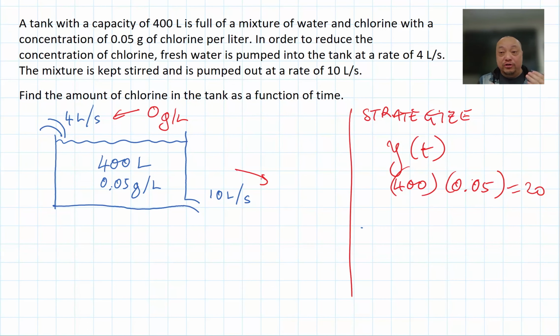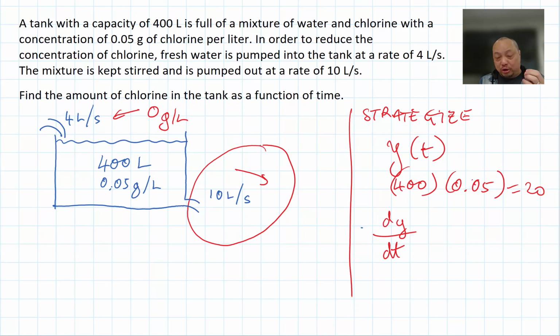For things that change over time, the knee-jerk reaction is to find the rate of change and work backward from there, right? So I need the rate of change of y with respect to t. And as a matter of fact, I know what the rate of change is, because this is how much chlorine I lose over time.